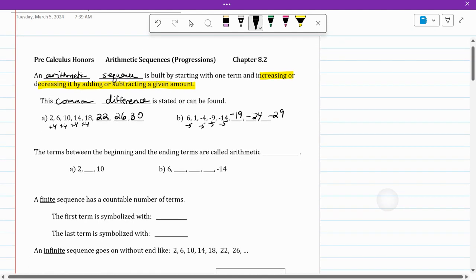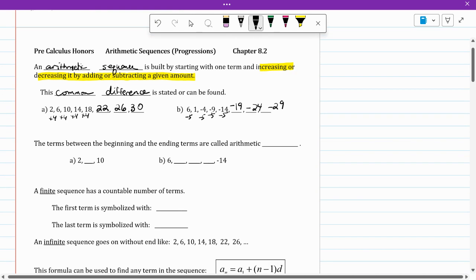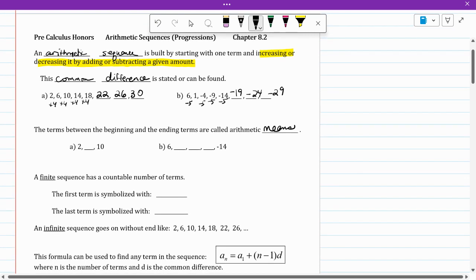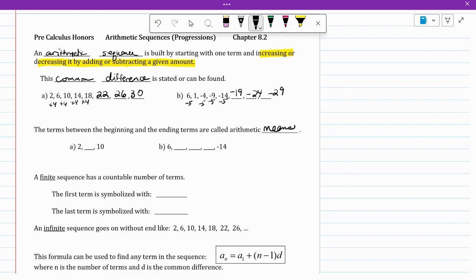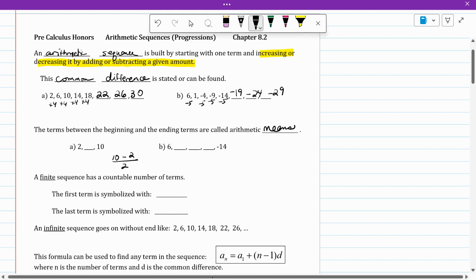Okay. The terms between the beginning and the ending terms are called the arithmetic means. So if I give you the first and the last term, then to find the common difference, you subtract the smaller from the larger, and then divide by the difference between the positions.